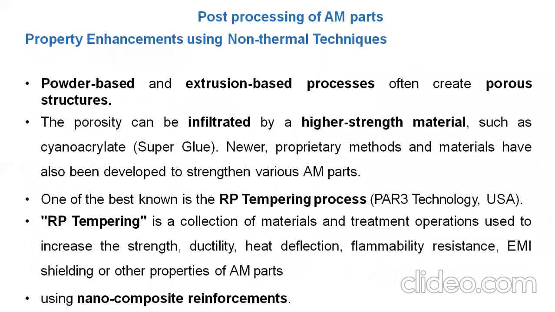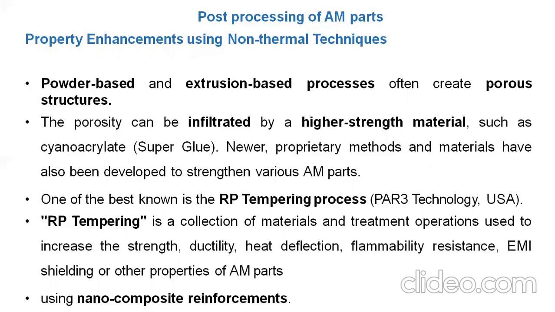Then enhancing using non-thermal techniques. This is the second last step of post-processing. Then powder-based and extrusion-based processes. We are using two processes to manufacture AM parts, powder-based process and extrusion-based process.